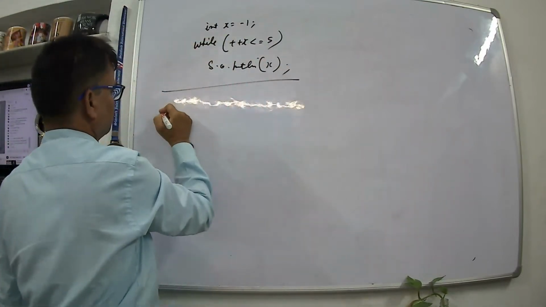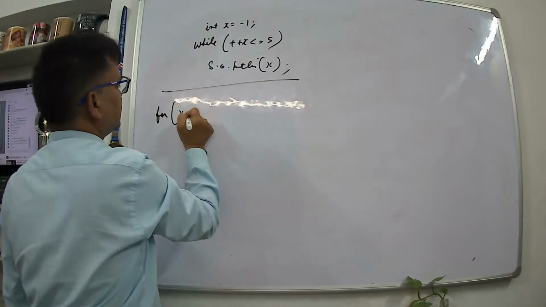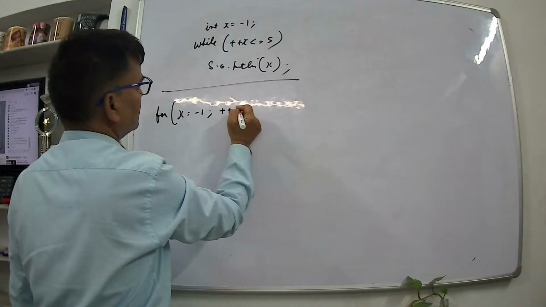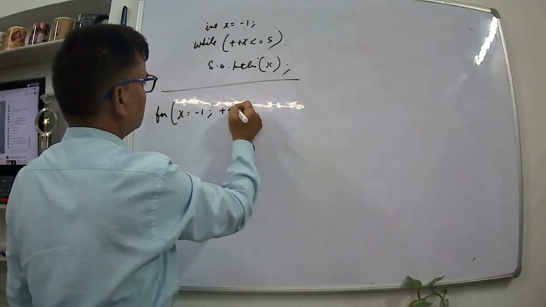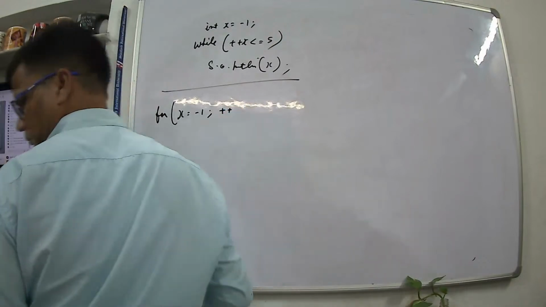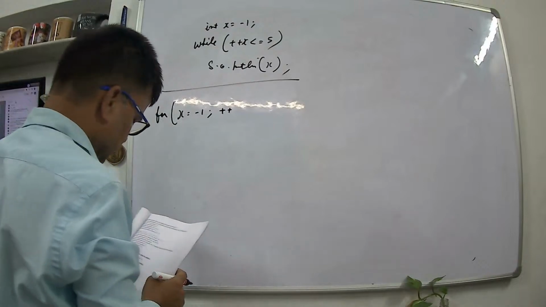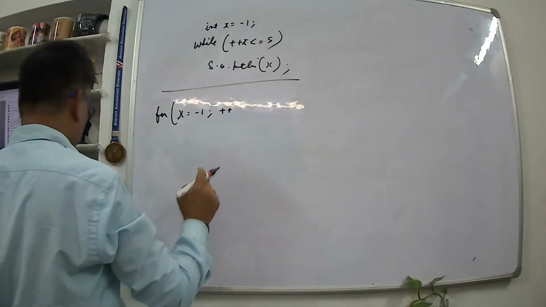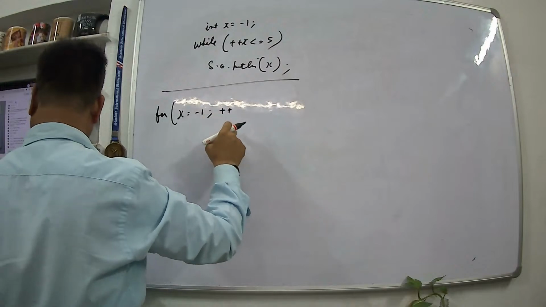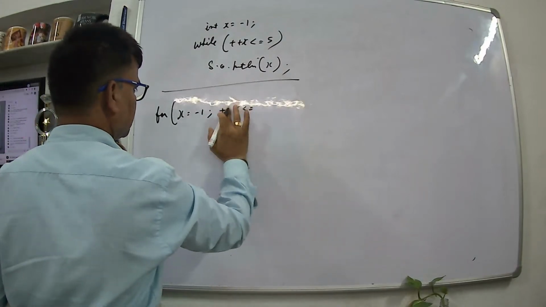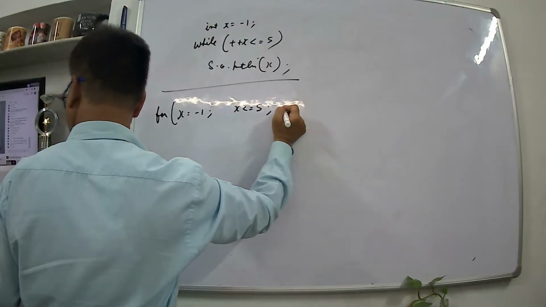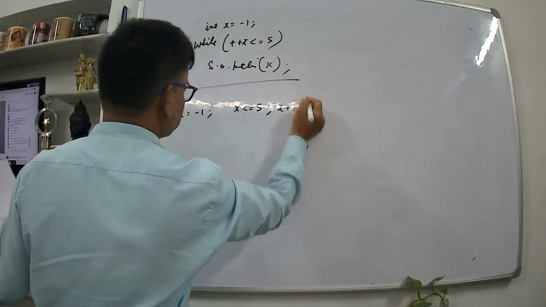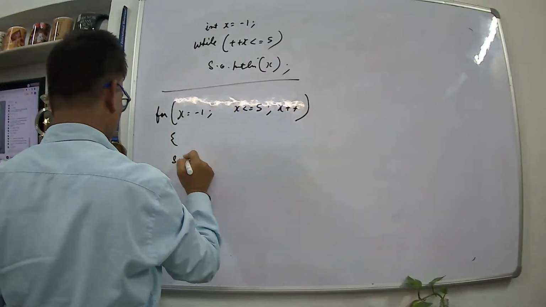If I have to do it using a for loop first: for (x = -1; ++x <= 5;), we update the test condition as ++x less than or equal to 5, then System.out.println(x).